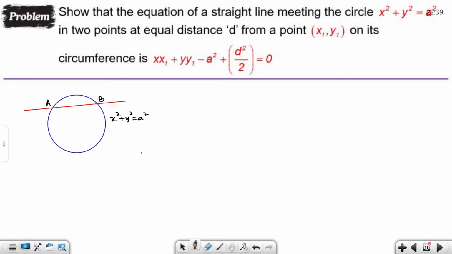Now, which is of equal distance D from a point x1, y1 on its circumference.